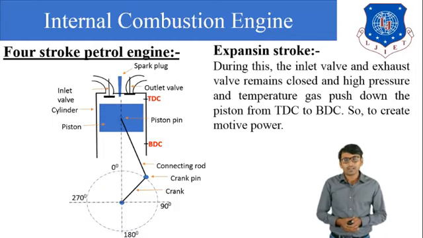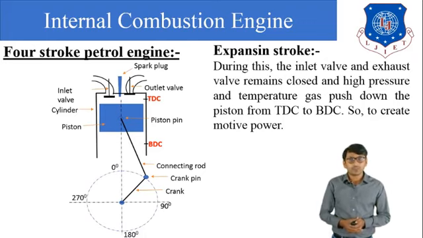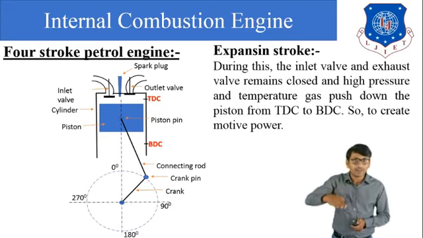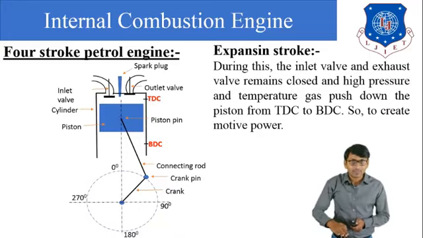Now the third stroke, the expansion stroke, which is also known as the power stroke. During this stroke, the inlet valve and exhaust valve remain closed, and the high temperature, high pressure gas produced at the end of the second stroke pushes the piston down from TDC to BDC.